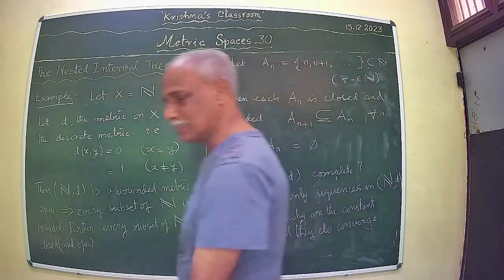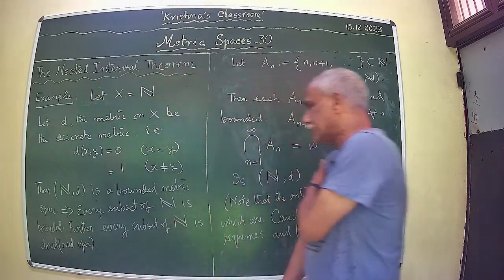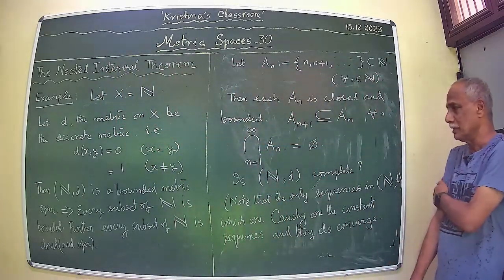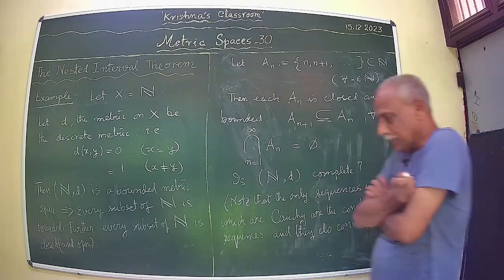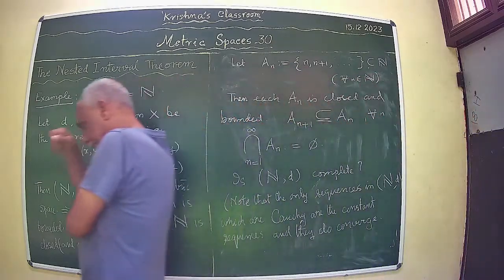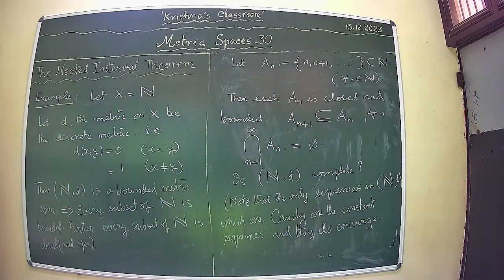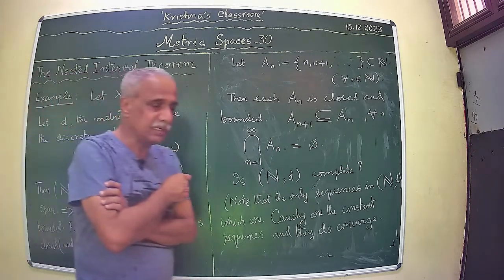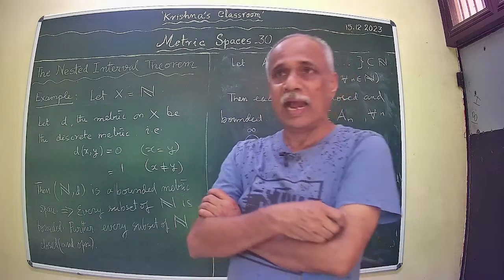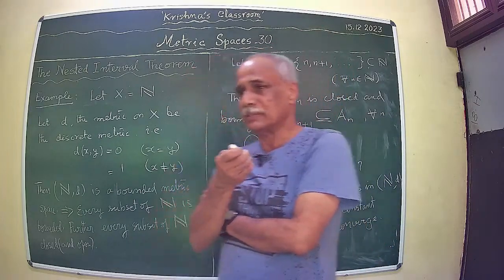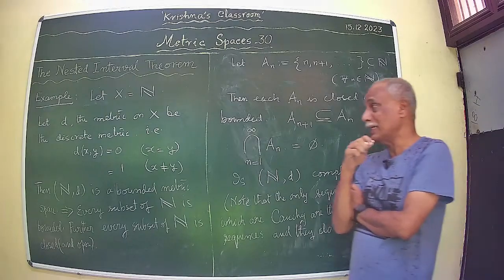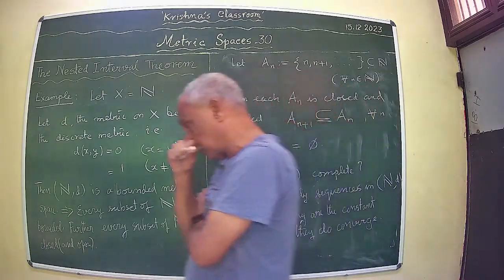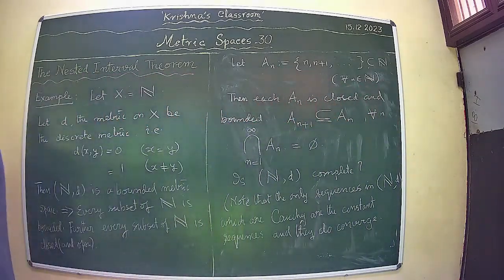So you see that the crux of the problem lies in proving that you can extract a sequence which is a Cauchy sequence, then you can use the completeness, and from the completeness you can conclude that the sequence converges to some element, and then expect that element to be inside this.